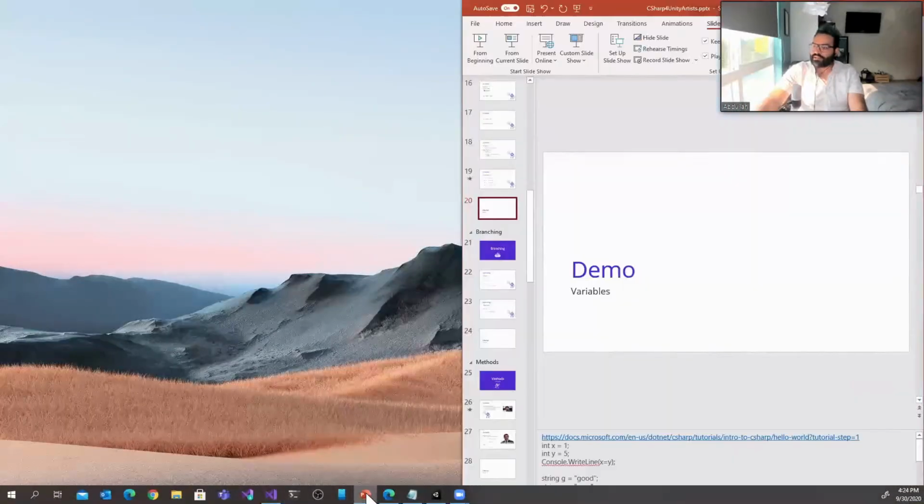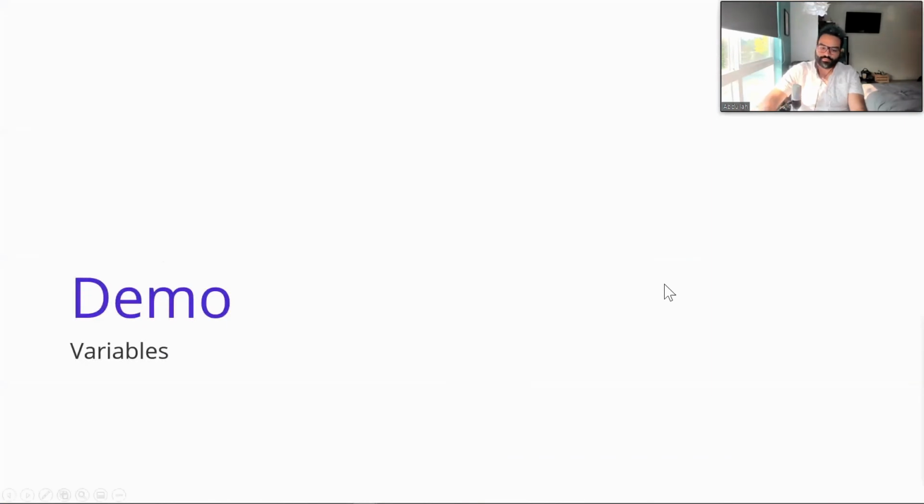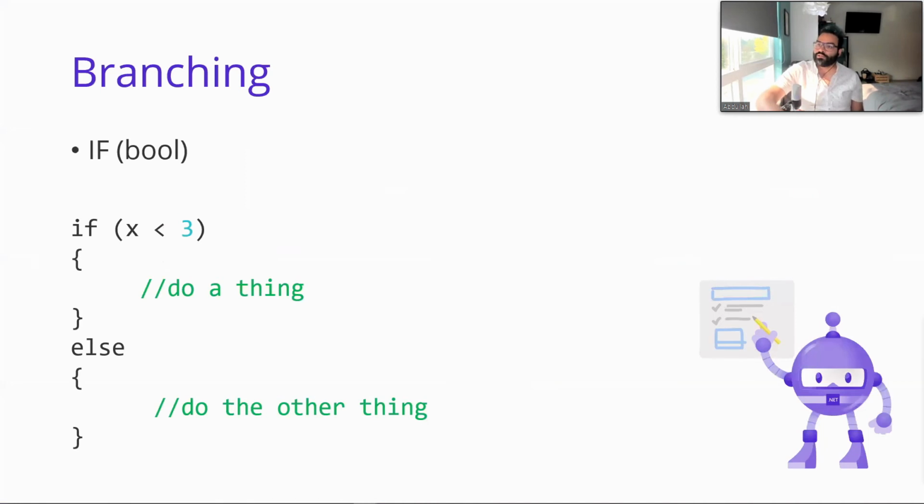Let's go back to our presentation. So another concept that is really cool to learn is how to do branching. Because you want your application to do different things based on different conditions.